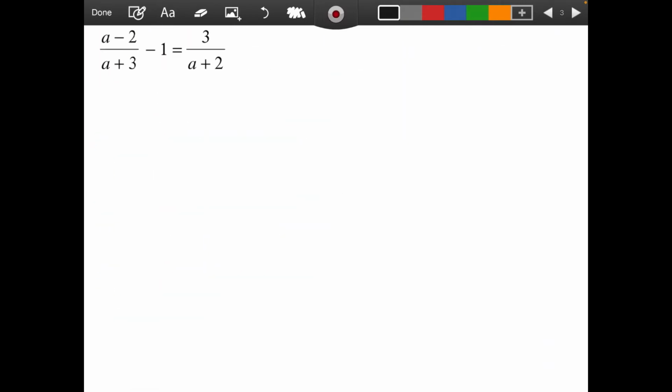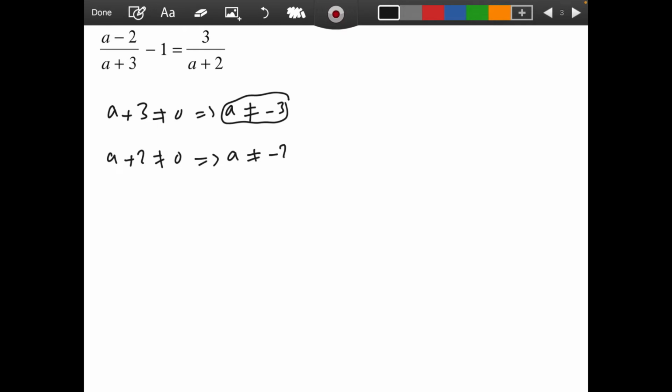In the next question, if you want, you can start by finding the restricted values. The first denominator is a plus 3, which shouldn't be 0. Then a shouldn't be negative 3. The second denominator is a plus 2. Then a shouldn't be negative 2. These are the restricted values.